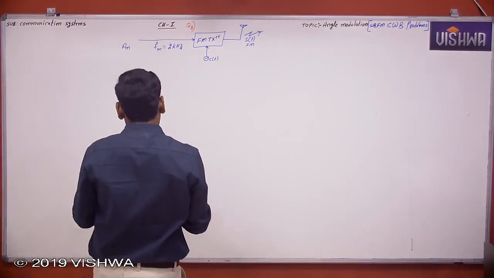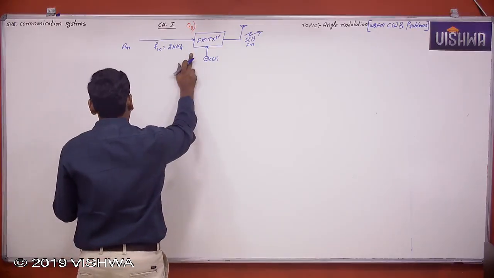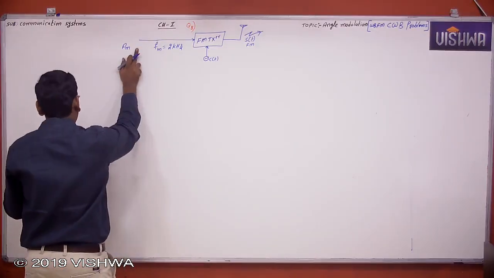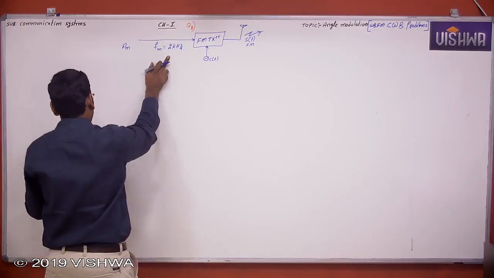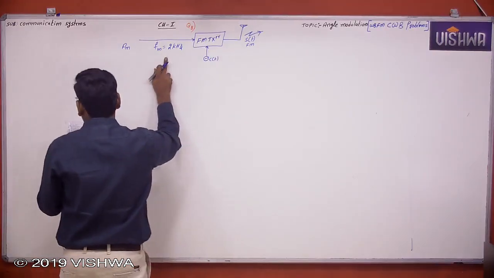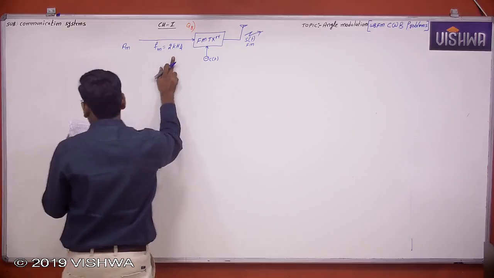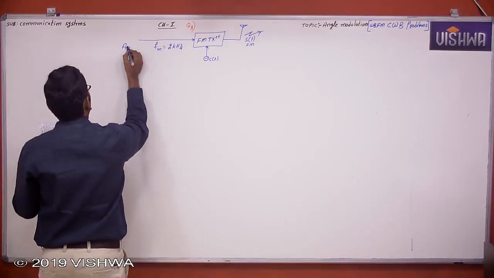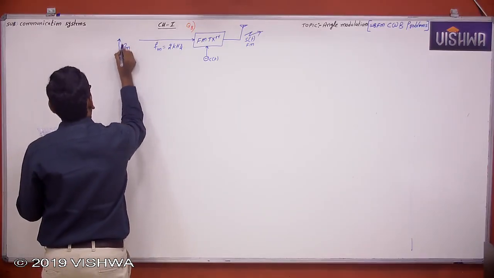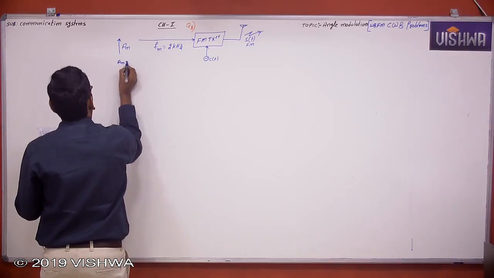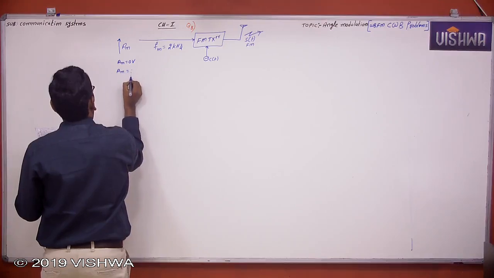A carrier is frequency modulated by a sinusoidal signal of amplitude Am and frequency fm. A certain experiment is conducted with fm equal to 1 kHz, increasing the Am value. Am is increasing from 0 volts and so on.